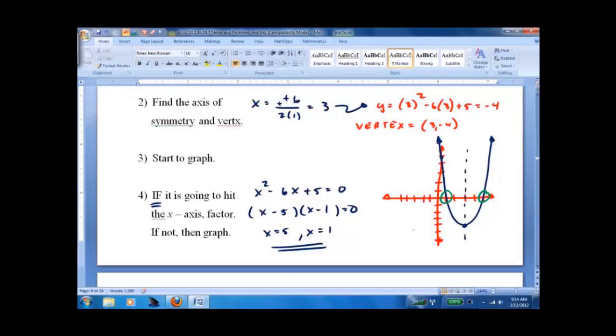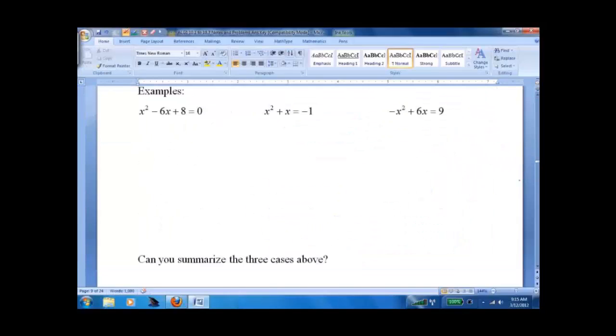So I knew what I was doing. There it is. So that's what I want you to do. Graph it. You might graph it and find out it's above the axis. Then don't bother factoring. There's no roots. There's no solutions.